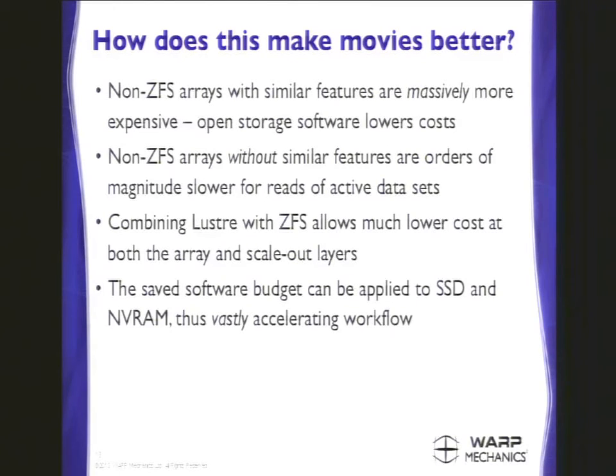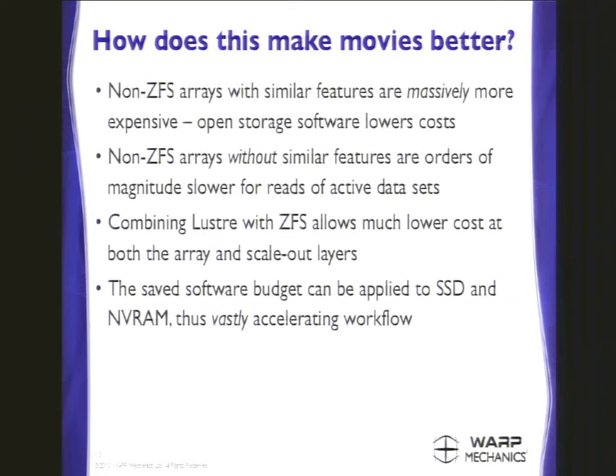As the Xyratex person pointed out, the software RAID community can always out-innovate the hardware RAID community, because in hardware RAID, you have to wait a year and a half to spin a new ASIC every time you want to add a feature, whereas with software, you just install a new package. So it gives the movie-making community advanced features at a lower cost.